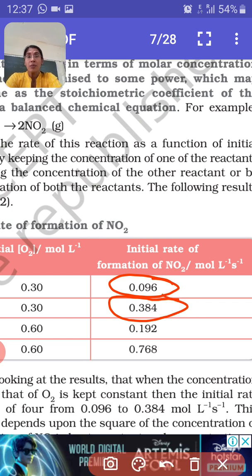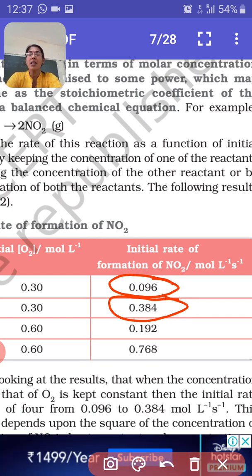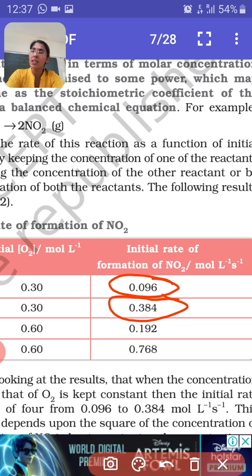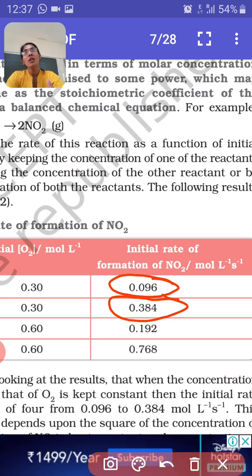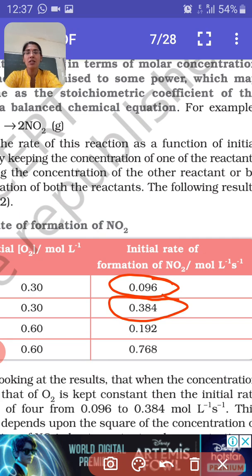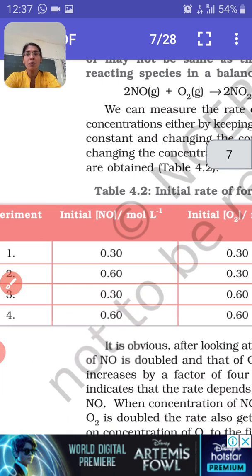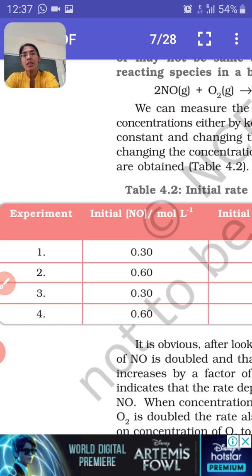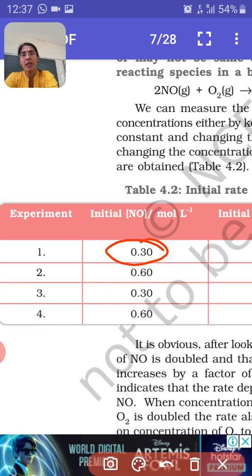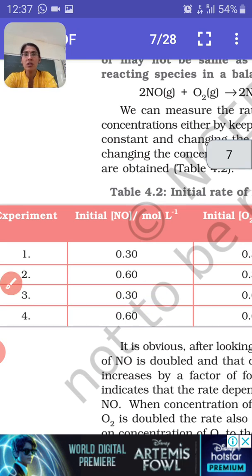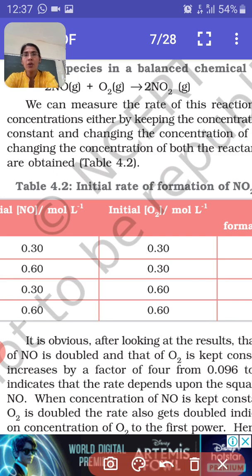So the effect of doubling the concentration of NO is a 4 times increase in the rate of reaction. So in the third set of experiment, the concentration of NO will be kept constant, whereas the concentration of oxygen here will be doubled.